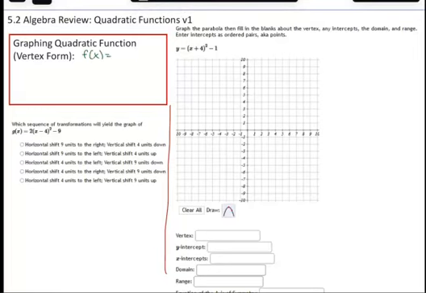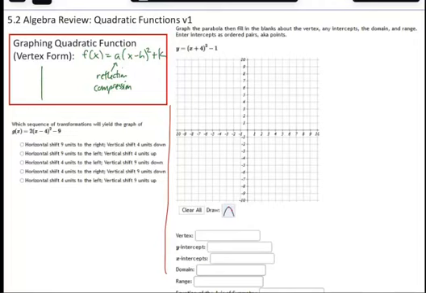f of x equals some leading coefficient a, times x minus h squared, plus k. And when you look at this, the a value is called a compression factor. If a, regardless of its sign, is a number greater than 1, then it stretches the graph.